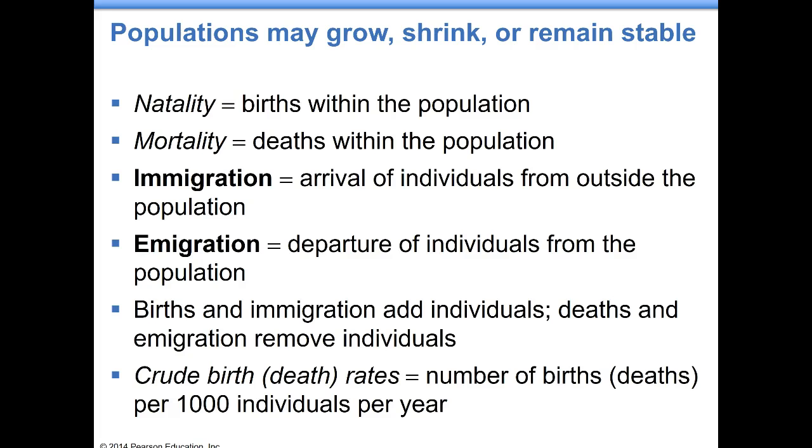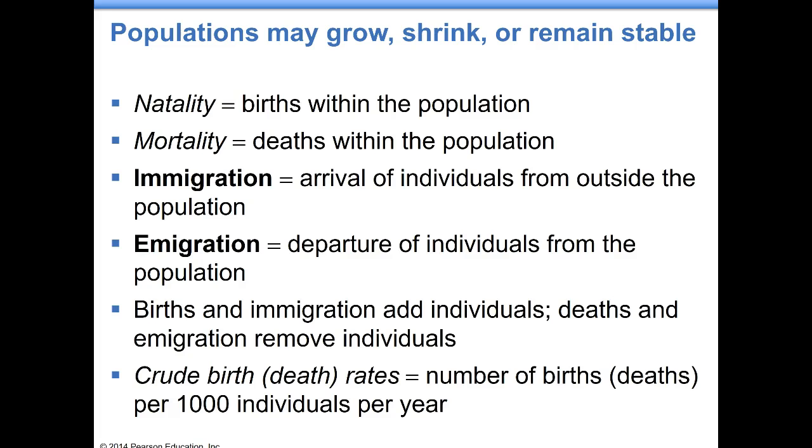When we consider births and immigration, knowing that they add individuals, we can understand how that population is going to grow and increase in size. When we look at deaths or emigration, that's going to remove individuals. So when we understand that rate, we can understand how that's going to affect that population. We're also going to consider what we call a crude birth rate or crude death rate.